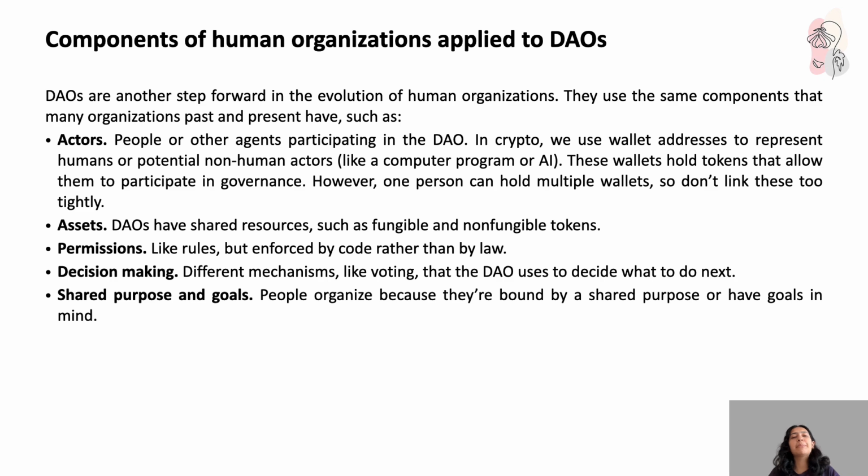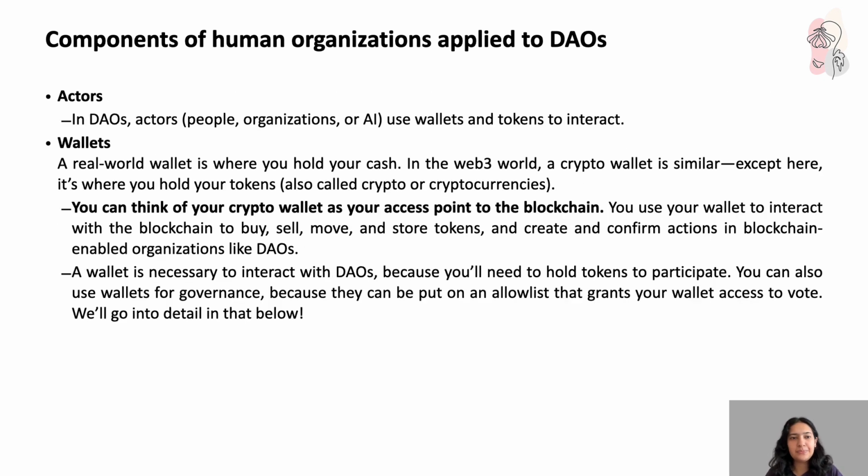Now we're going to study the actors in detail. Actors in DAOs use wallets and tokens to interact. Now what are wallets, and what are tokens? Let's study the wallet first, and then we'll go to tokens. A real world wallet is where you store your money, right?